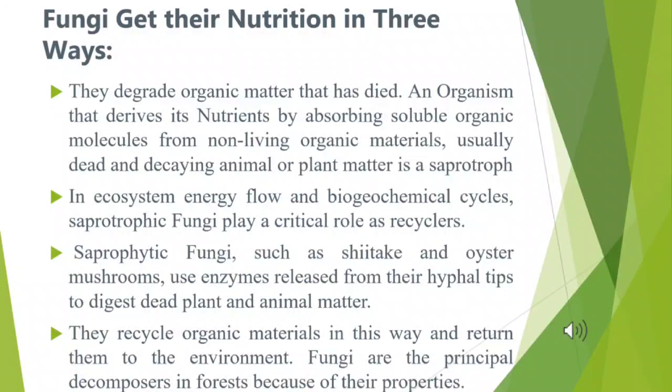Saprophytic fungi such as shiitake and oyster mushrooms use enzymes released from their hyphal tips to digest dead plant and animal matter. Recycling organic material in this way returns it to the environment. Fungi are the principal decomposers in forests because of this property.